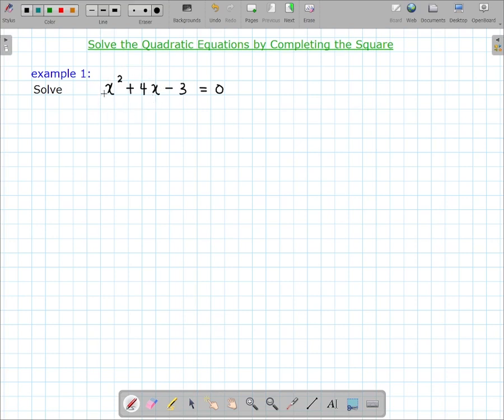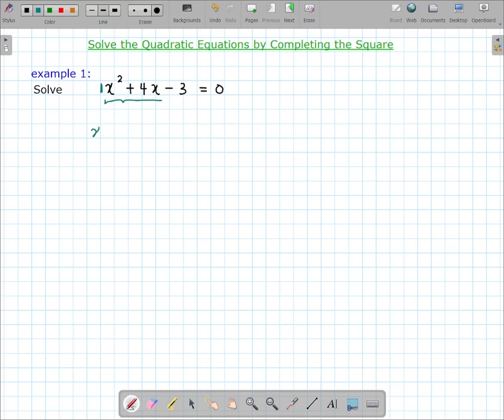First of all, we check the quadratic term coefficient, that is 1. Then we can move on to the next step. We select these two, the quadratic term and the linear term, and write this as a complete square.